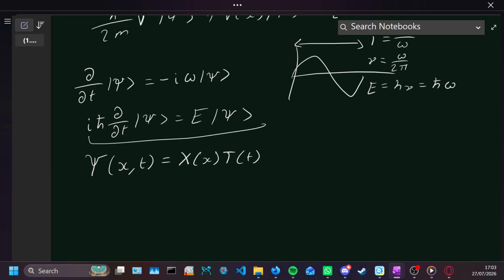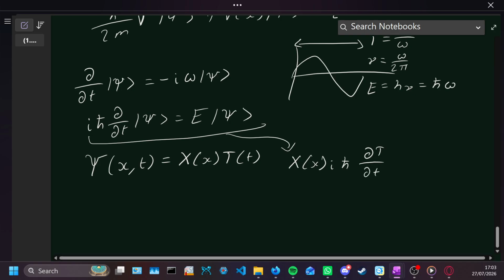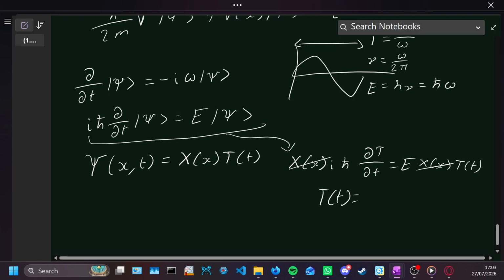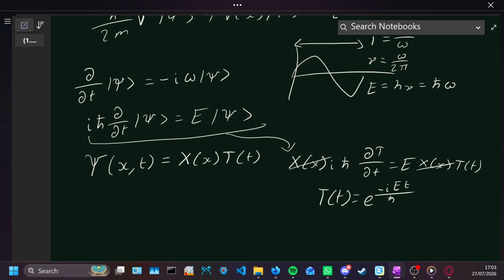Just looking at this equation and substituting this in, the X of x is going to be a constant, so I can pull it out of the derivative. But then I can divide by X of x, and solving this gives me T of t is equal to e to the negative i E t over h bar.